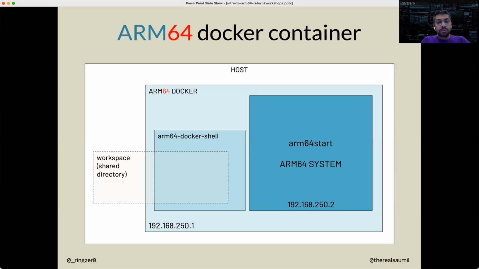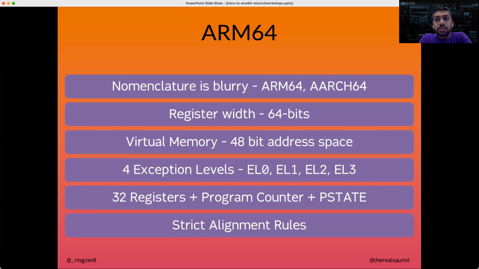First thing I want to now give you is a very quick introduction to the world of ARM64. First of all, there's some confusion in nomenclature. On the Linux side, especially the GNU side, you will see terms like AArch64 being mentioned. In the Microsoft world, you'll see ARM64 being mentioned. Even in the Mac OS world, it's all ARM64. Well, both of them are kind of the same thing.